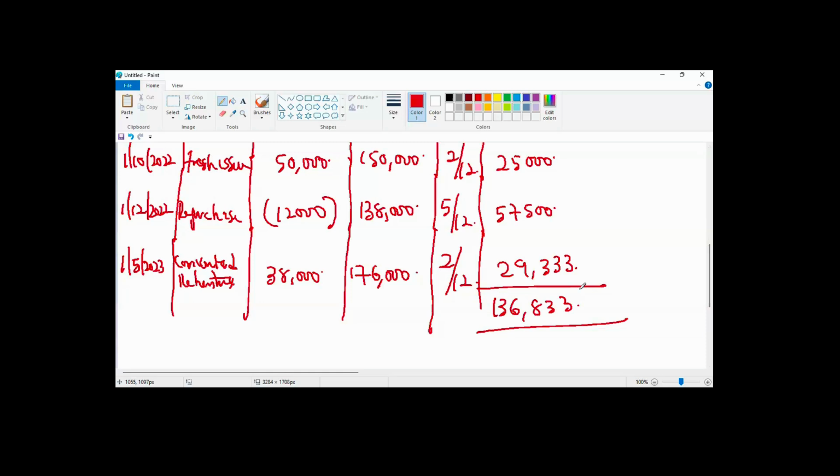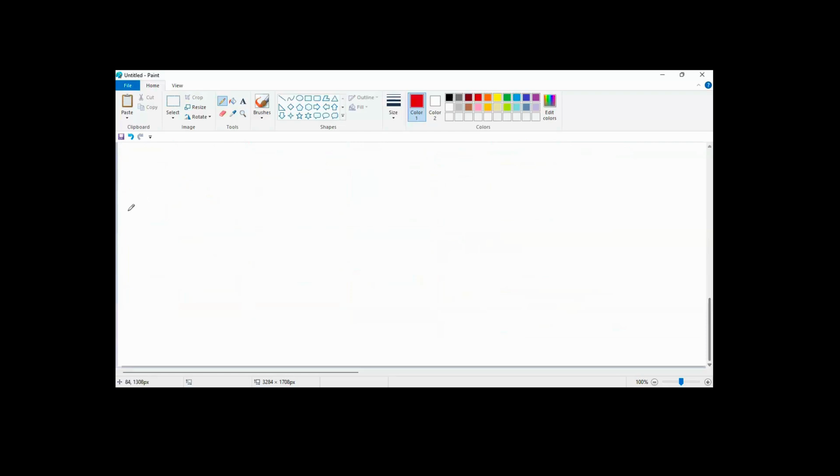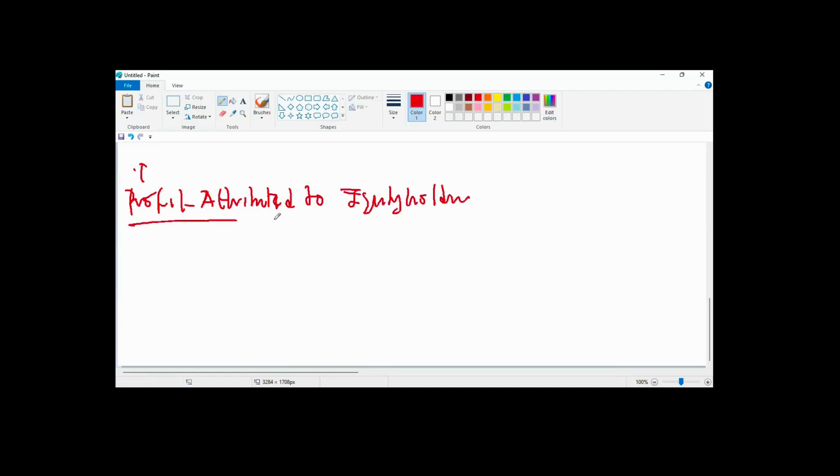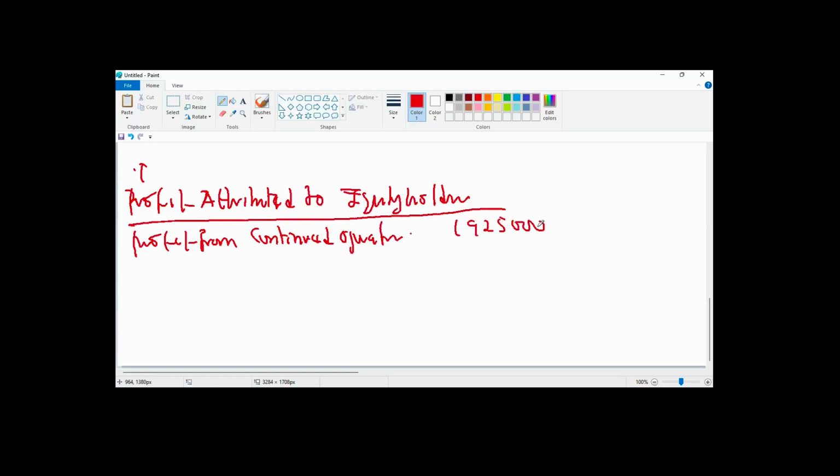But they've given me profit, so I need to adjust the profit. They've given me profit from continuing operations, and I want to determine the profit attributable to equity holders. Profit from continuing operations, given in the question, is 1,925,000.